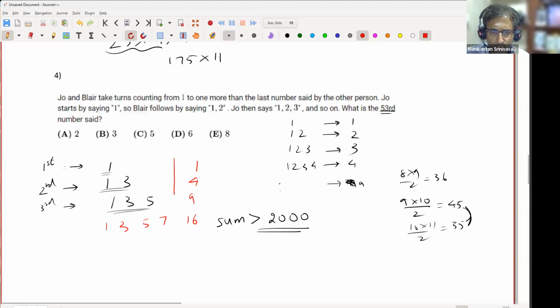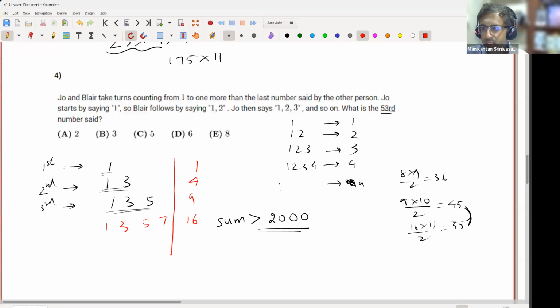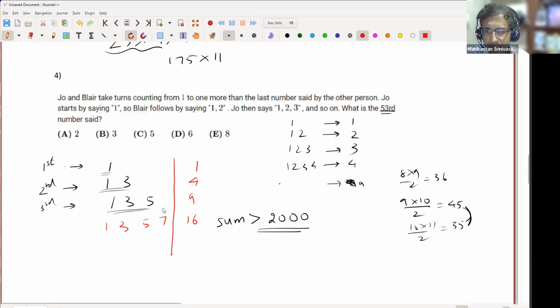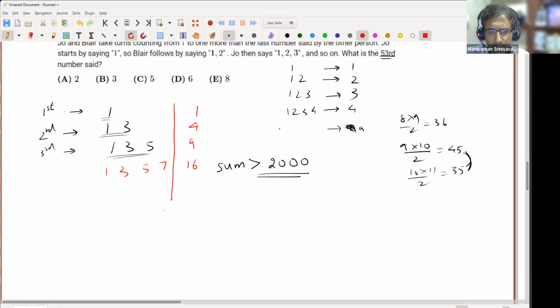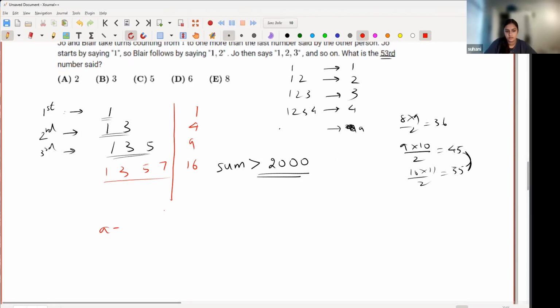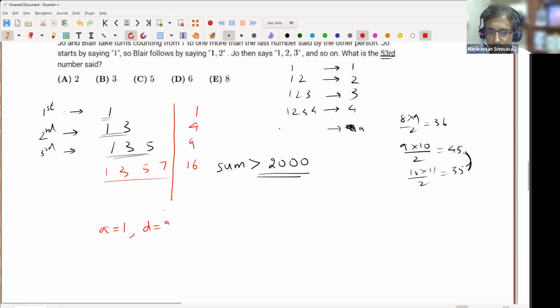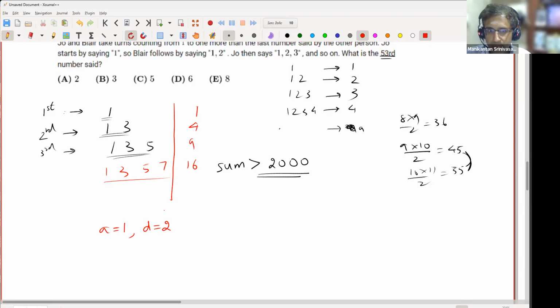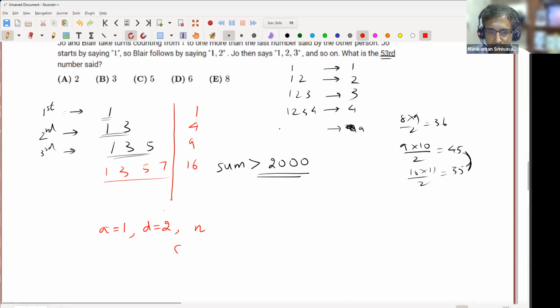And even if we don't know this, we can just do sum of n terms in an arithmetic progression and figure this out. Suhani, you're able to understand why the sum of odd numbers is a square, right? For example, let's do the arithmetic progression. Let's say a is 1, the starting term, and the common difference is 2 because of odd numbers. And let's say we want to do the sum of n numbers. So what is Sn?